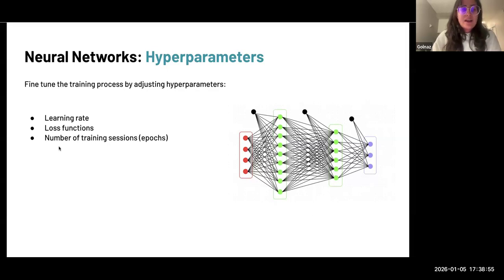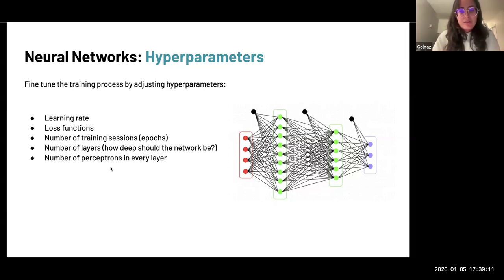You also have to decide how many times you want to go over the data to learn from it. That's called an epoch. You also need to decide how big your neural network should be. Should it be deep? Should it be wide? Should it be shallow? These are all the questions that people who study deep learning try to answer depending on the problem.